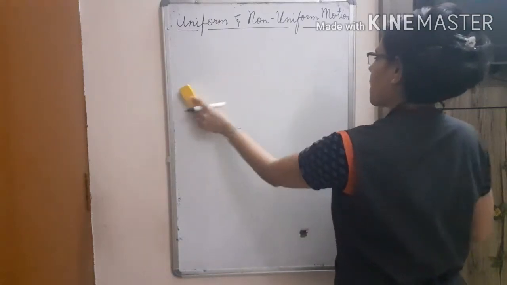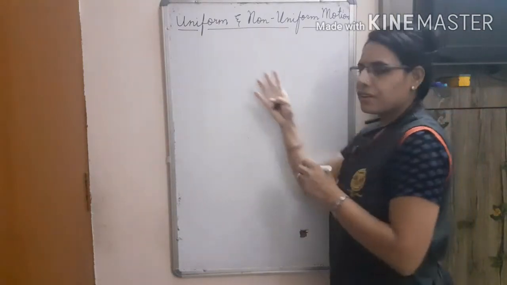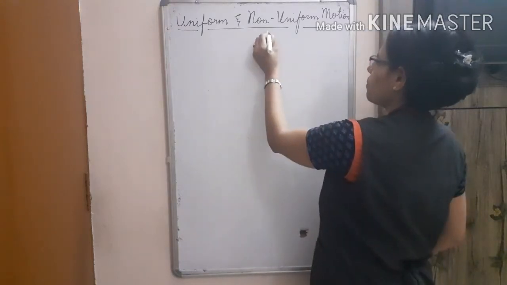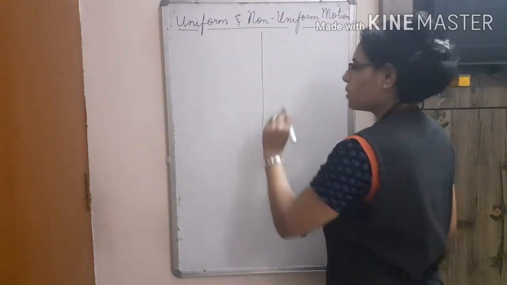So we will write their points, uniform motion and non-uniform motion.